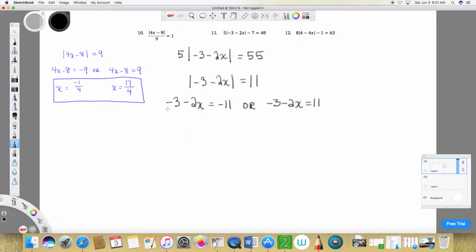If we add 3 to each side, negative 11 plus 3 is a negative 8. And negative 8 divided by a negative 2 is positive 4. Over here, if we add 3 to each side, 11 plus 3 is 14. And 14 divided by a negative 2 is a negative 7.